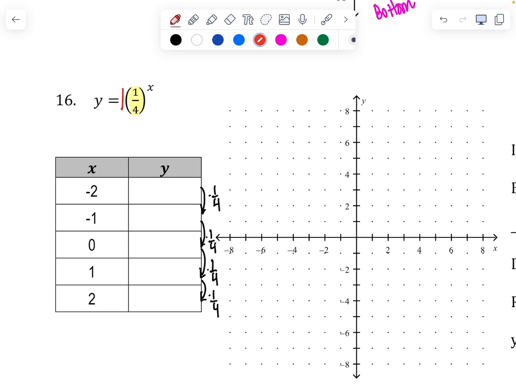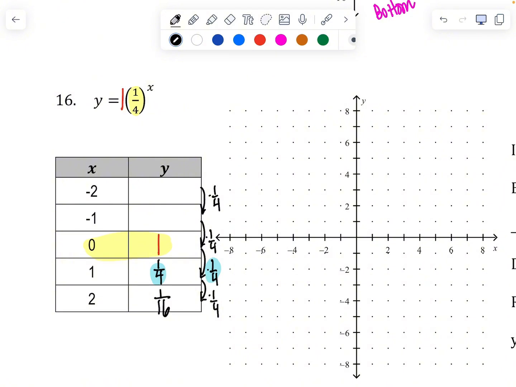So I know that I can put the 1 there for 0, 1. And then I fill in the missing information. 1 times 1/4, right? 1 times anything is itself. Okay, 1/4. What about 1/4 times 1/4? Numerators times numerators, denominators times denominators. 1 over 16.